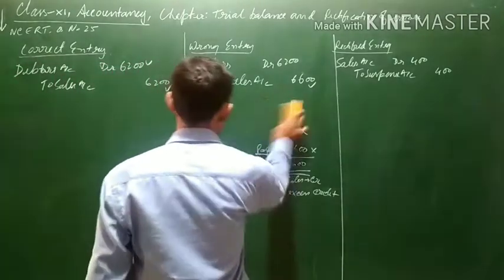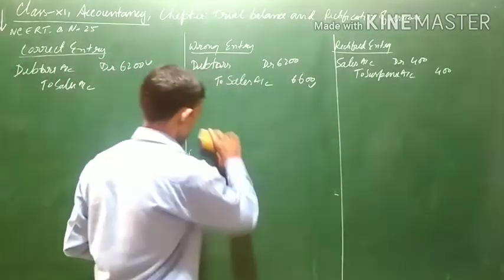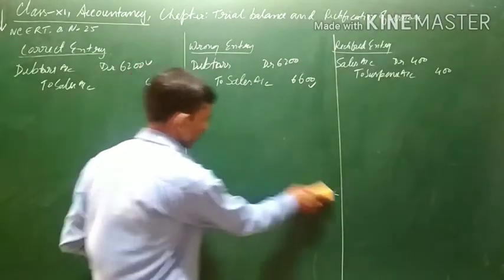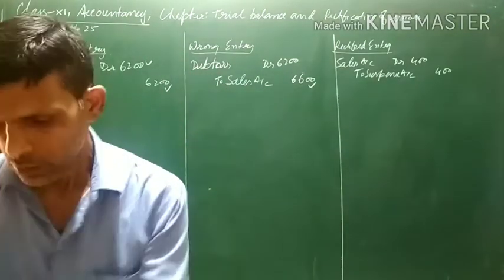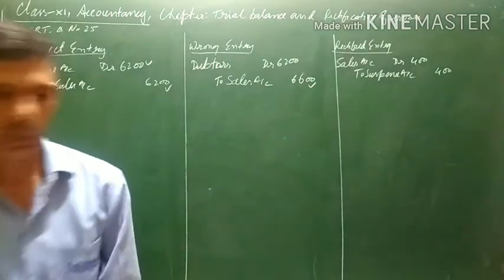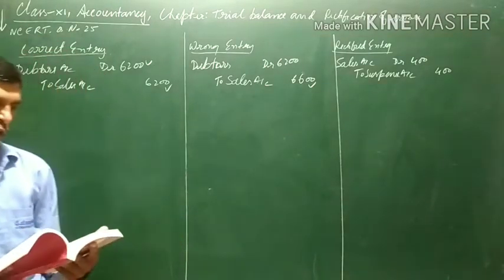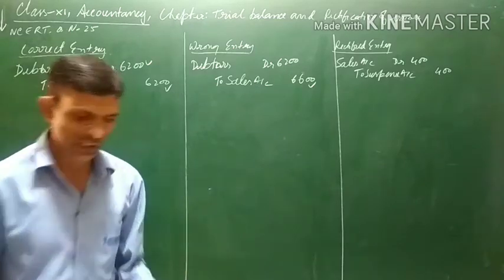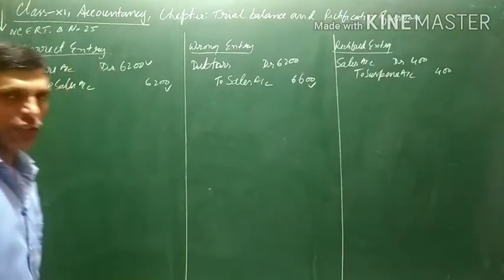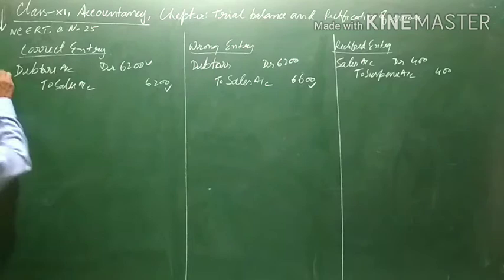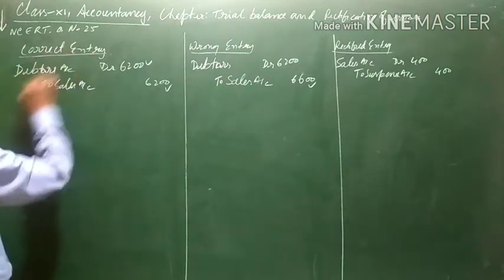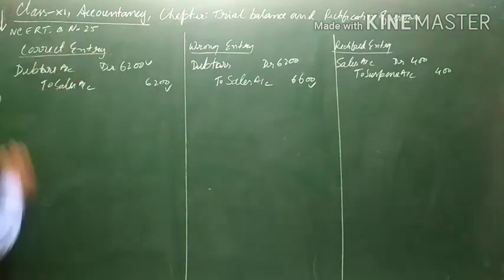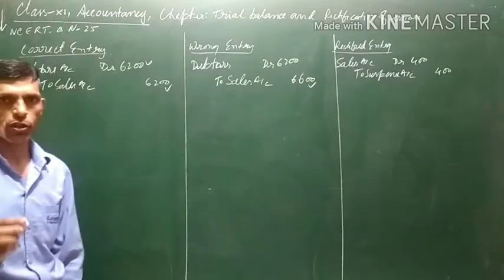Now let us come to the next one. Next is: wages paid for installation of machinery 500 was posted to wages account as 50. This is question number 25, part B. Wages paid for installation of machine.